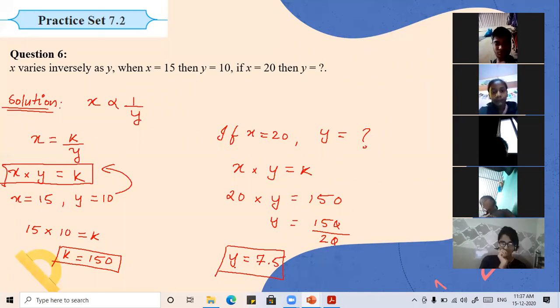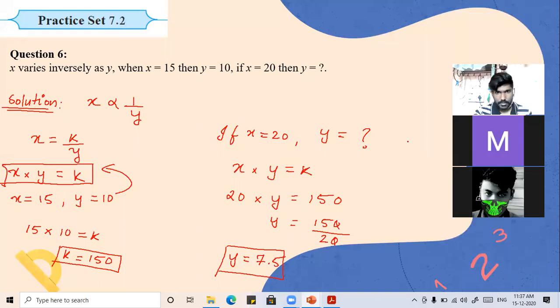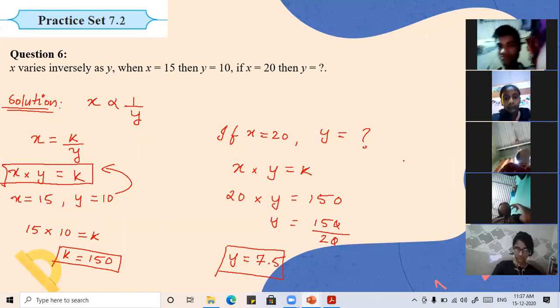Sir, explain the y is equal to 7.5. 15 divided by 2. You know division, right? You want me to show the division? We divide 15 by 2.